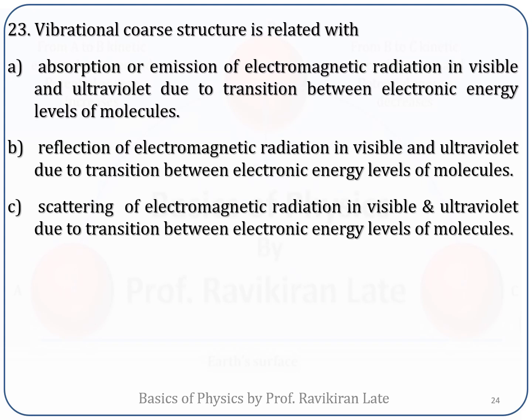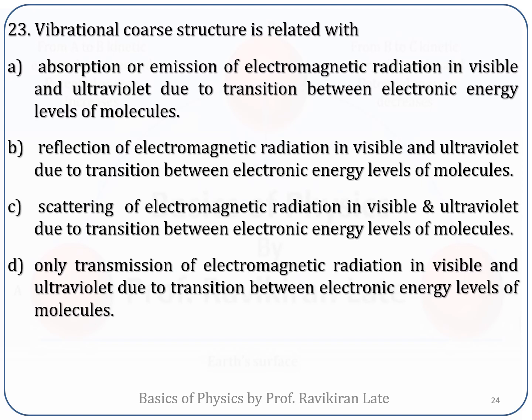Option C, scattering of electromagnetic radiation in visible and ultraviolet due to the transition between electronic energy levels of molecules. Option D, only transitions of electromagnetic radiations in visible and ultraviolet due to transition between electronic energy levels of molecules.